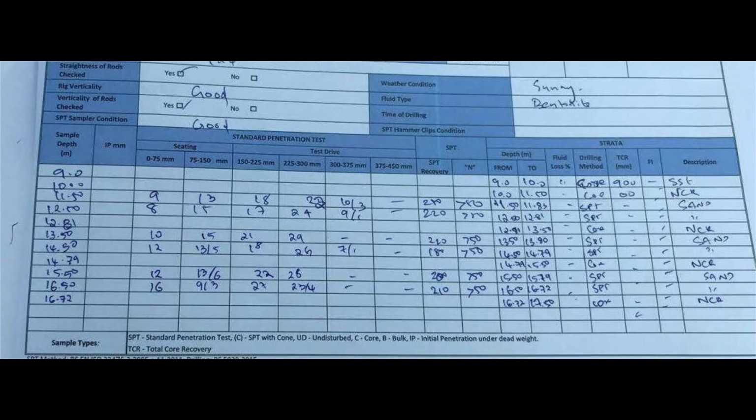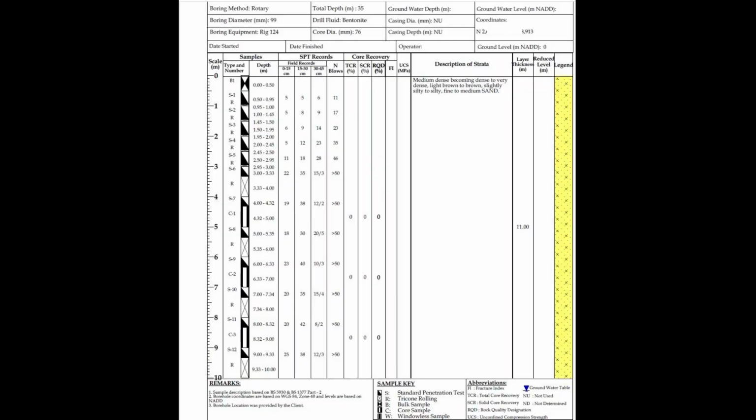And here, if you see, this is the bore log. When the SPT is more than 50, the soil is better, and less than 50 means okay. This is the bore log. You can also see details at which depth.